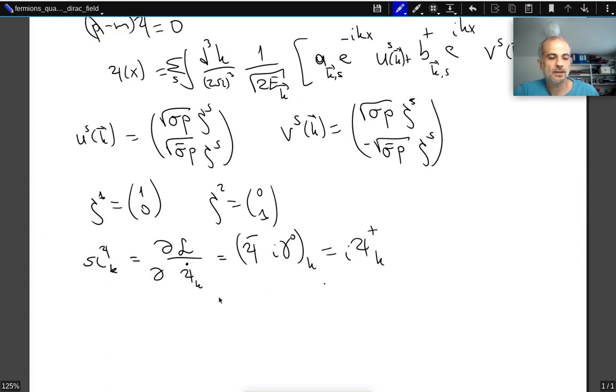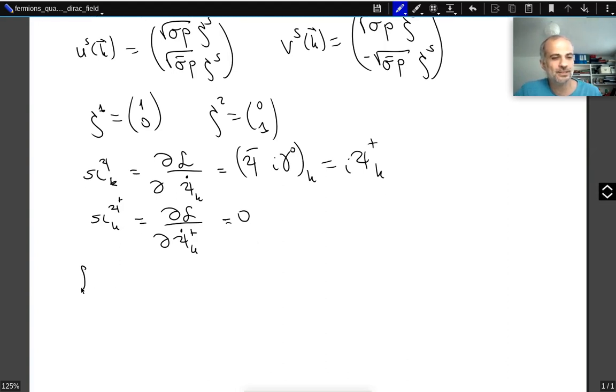And if we were to look for the momentum corresponding to psi dagger, well, the Lagrangian we had written down doesn't have any time derivative of psi dagger, so this will be basically 0.